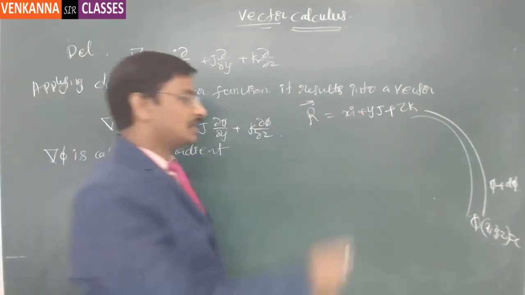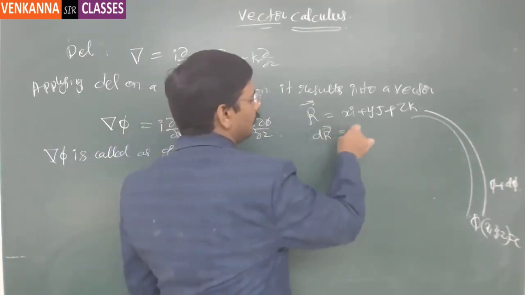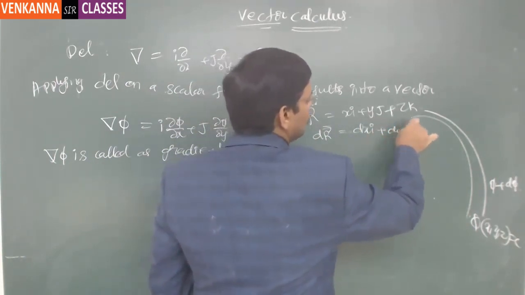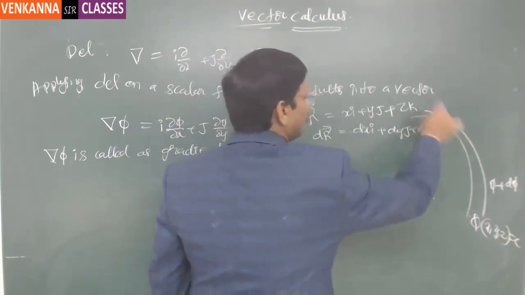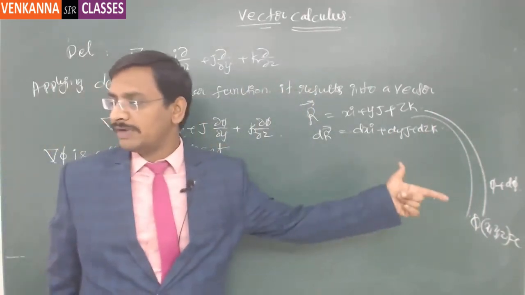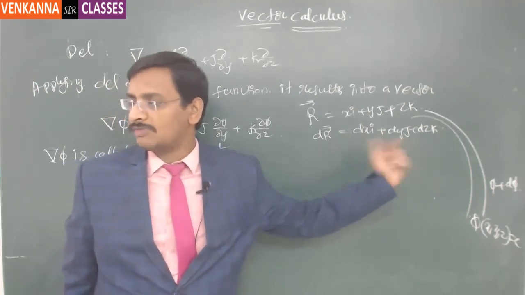Now, if there is a change in the position of that particle, then dr is given as dx into i plus dy into j plus dz into k. Now, let us find out the relation between the change in the function value and the change in the point on that particular function.